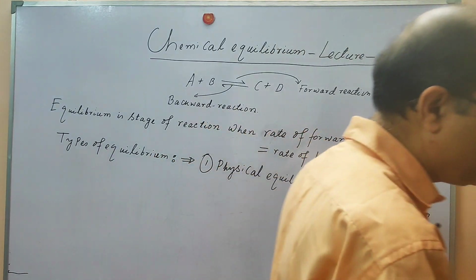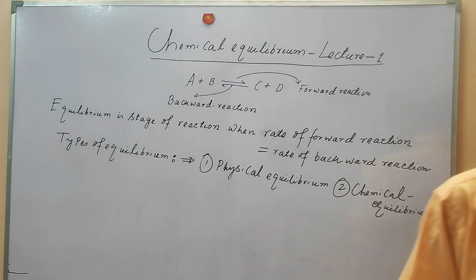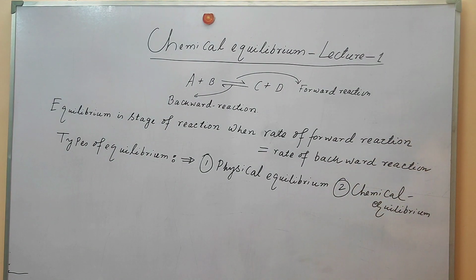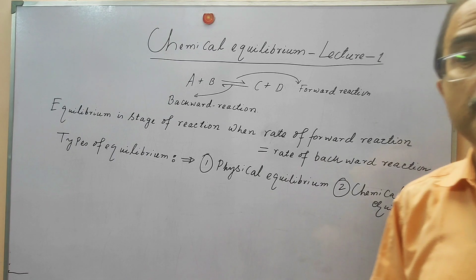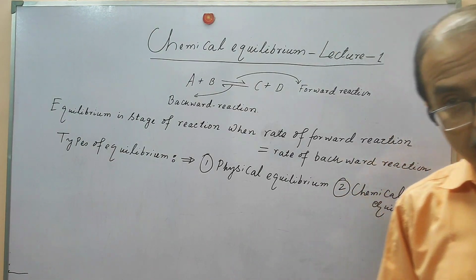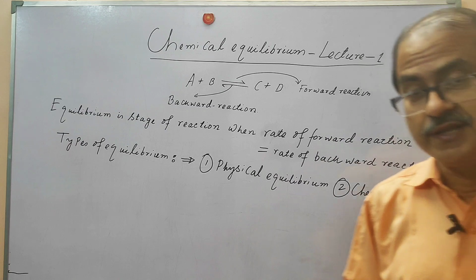There are two types of equilibrium: one is physical equilibrium, and the other is chemical equilibrium. First let us understand physical equilibrium.